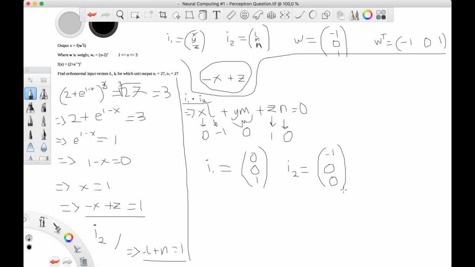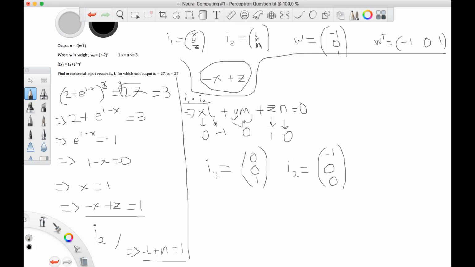Well, does this work? Do these vectors lead to an output 27? Let's test I1 first. If we do the weight transpose times I1, we're going to get 0 times minus 1, 0 times 0, and 1 times 1. I'm going to add those all together. Well, we obviously get 0 plus 1 times 1, which is just 1.